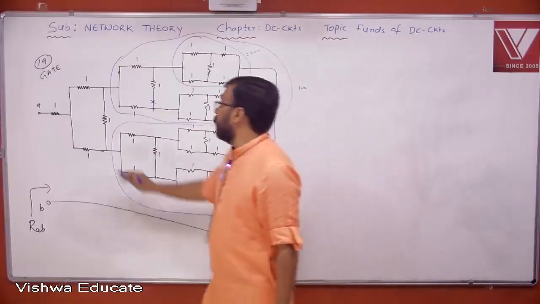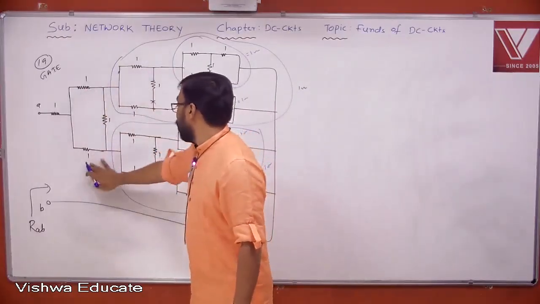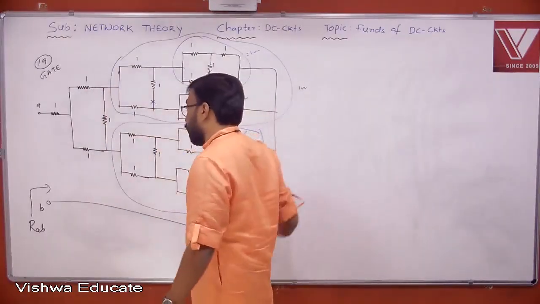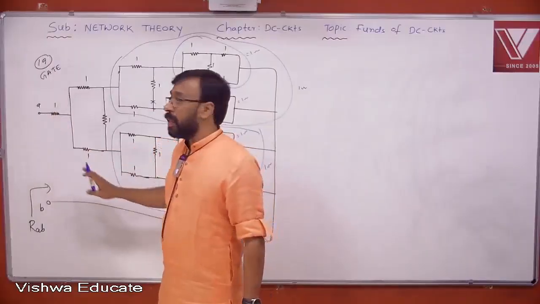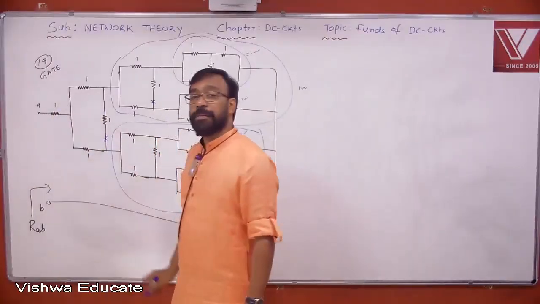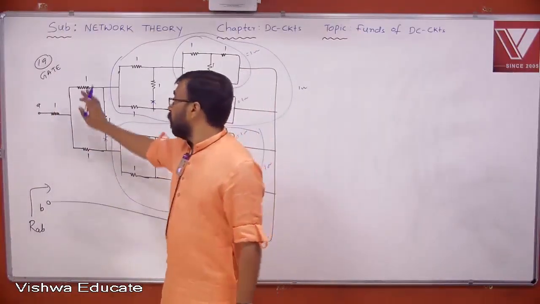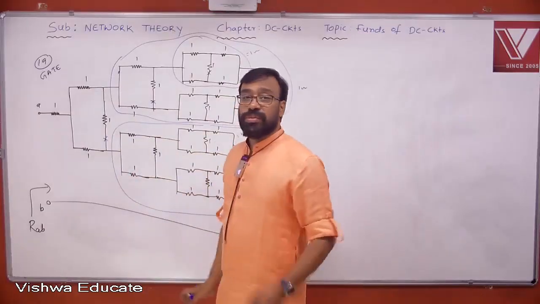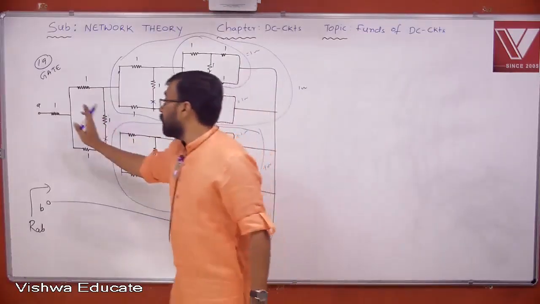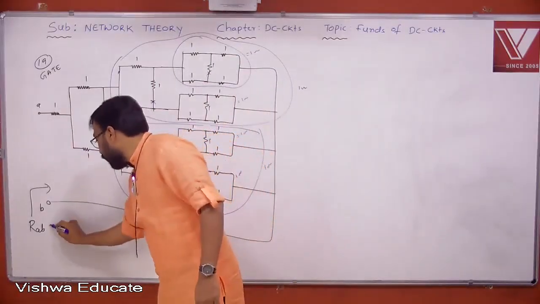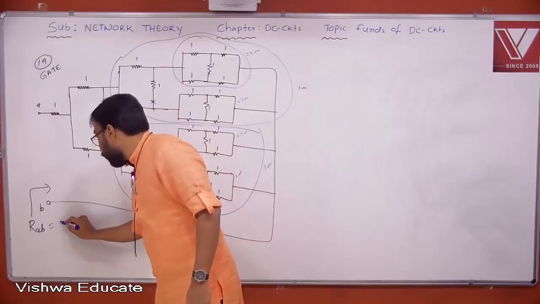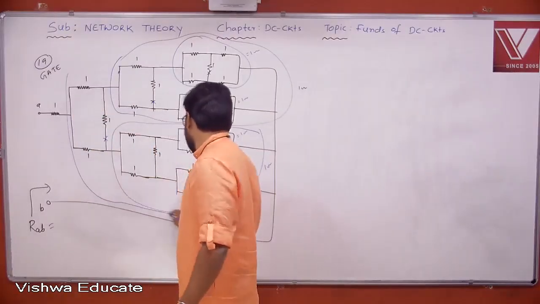Now once again, this is 1, this is 1, again 1 and 1. Again it is forming a Wheatstone bridge. Yes or no? So can you neglect this again? Definitely. So 1 plus 1, 2, 1 plus 1, 2, 2 parallel to 1, 1 plus 1. Therefore, finally, the answer is what actually here? This entire portion is going to be what?